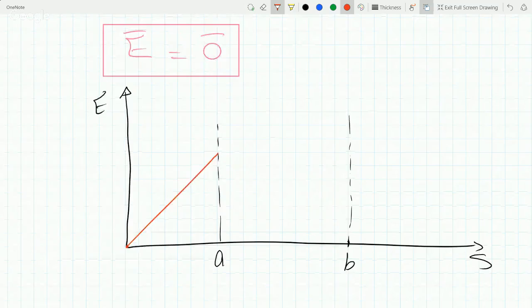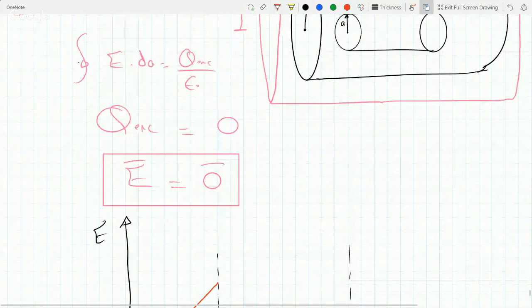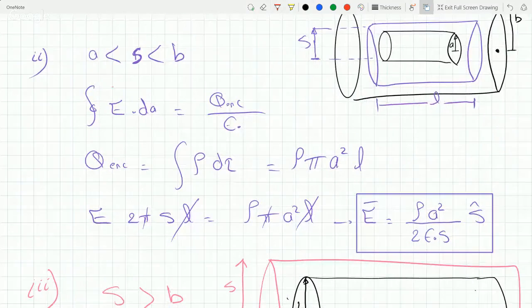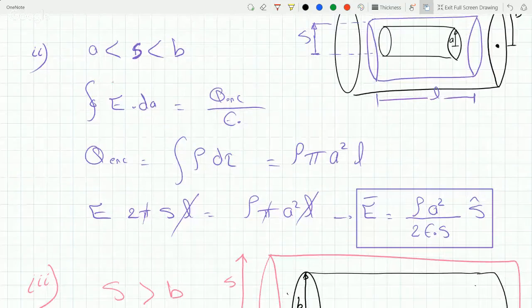And then when we were between A and B, it turned out to be rho A squared over 2 epsilon times 1 over S. This whole thing rho A squared over 2 epsilon is a number. Well, that's a hyperbola that looks something like this, because remember, S is the variable.